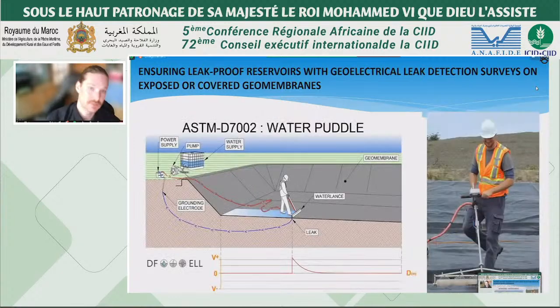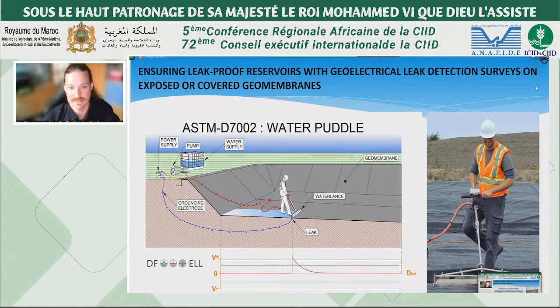How does it work? So the water puddle method is on exposed liner. It's pretty simple. The geomembrane is not electrically conductive, and we can ground a battery outside, and we're connected to the ground under the geomembrane, and we push electricity in the water. The electricity wants to reach the ground to get to a certain equilibrium, so it goes to zero, but it cannot because of the geomembrane.